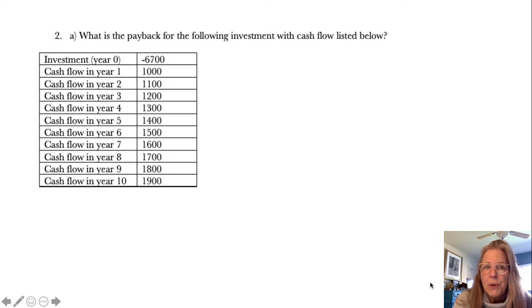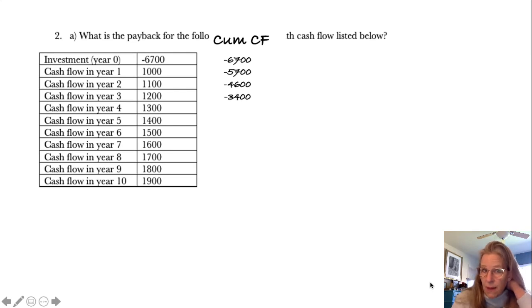Problem number 2 has two parts in it. The first is to calculate the payback. To do that, I'm going to calculate cumulative cash flow. I start with a negative 6,700. Then the first year I have 1,000, so adding that to the negative 6,700 gives negative 5,700. And then negative 4,600, and each subsequent year I'm adding all of the positive cash flows together until it becomes positive.